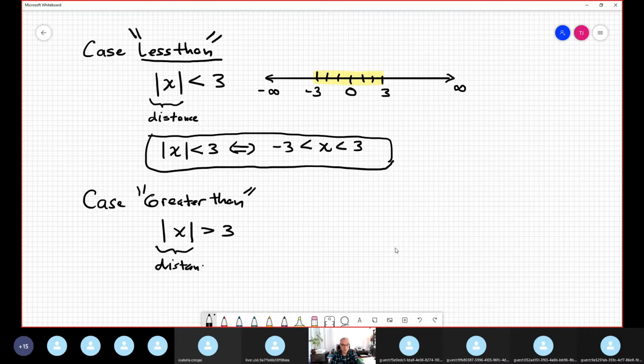If it's distance, then the solution is different. It's here. Too far. 3 miles. So the solution of this greater than is the green part. This is equivalent to saying x is less than minus 3, that is that part.